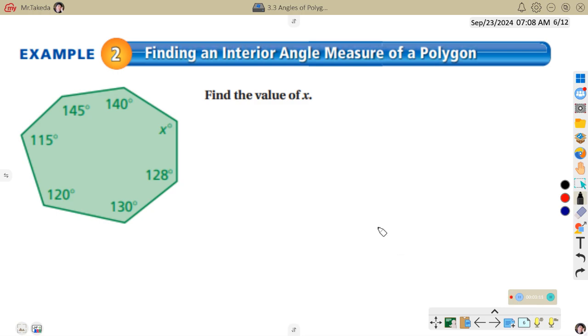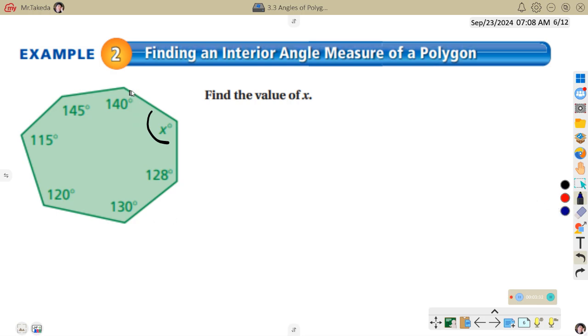We're going to use that same idea to answer this question. In this question, we're finding an interior angle measure of a polygon. We're looking for this one. They give us all these degrees for all these different vertices, but they left one blank, and we have to find the value of that. Okay, so what are we going to do here?